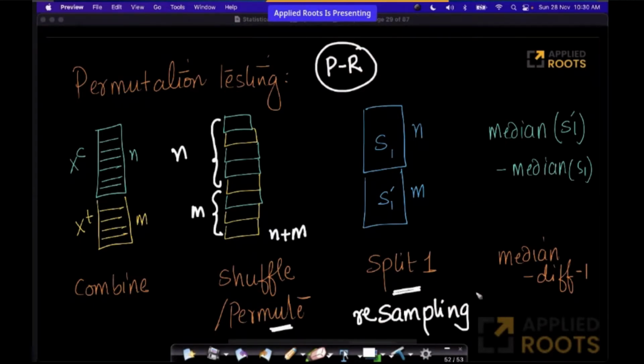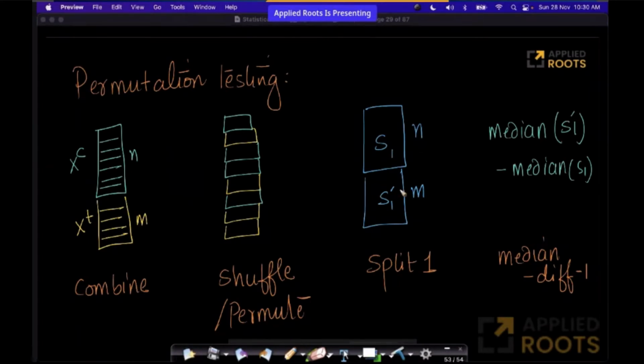After doing that, let's take the median of all these S1 values, and the median of S1 dash values, and compute the difference. Again, remember the treatment is m elements and the control is n elements. So we are taking the median of S1 dash minus the median of S1.